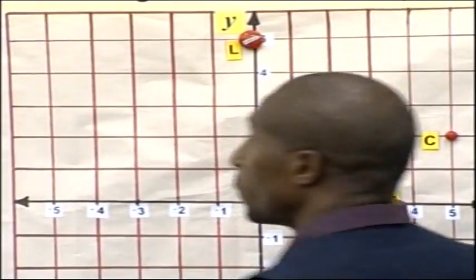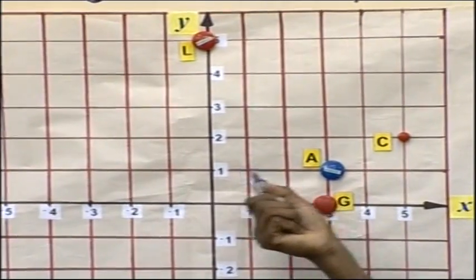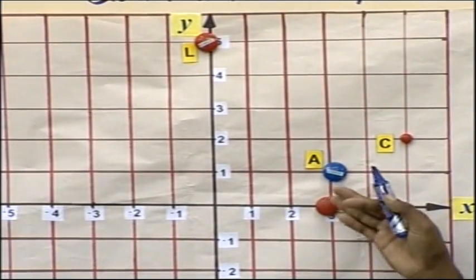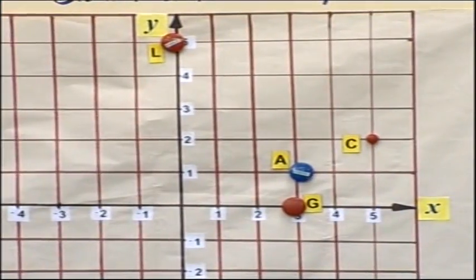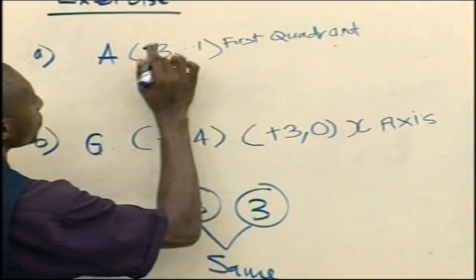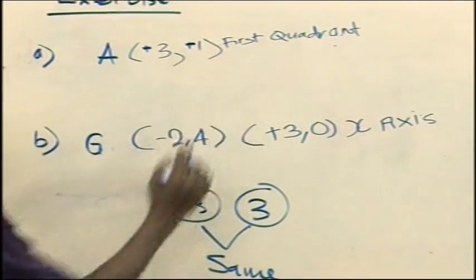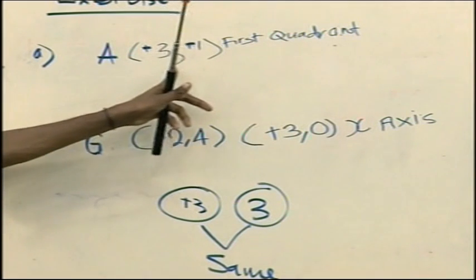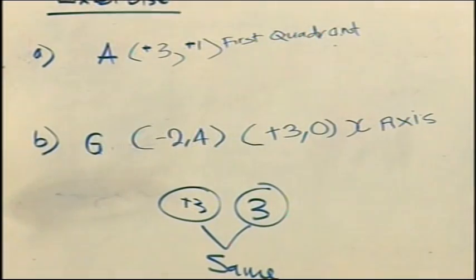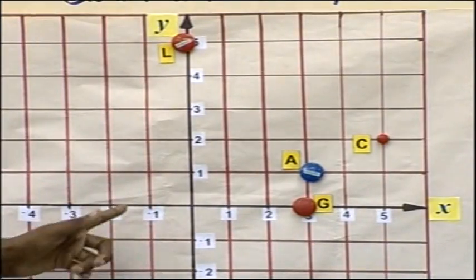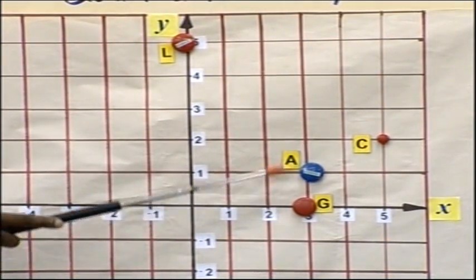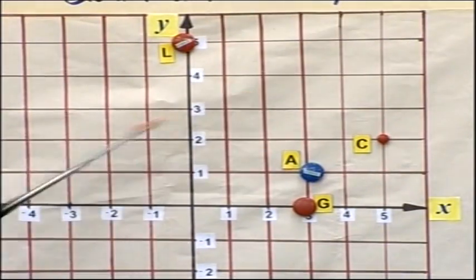Positive 3, comma, and what is the y-axis? Positive 1 or 1. So this plus sign is too big. Better to have it as small as this. So our coordinates are positive 3, comma, positive 1 in brackets. Now, which quadrant is it in? First quadrant. You can see point A is in first quadrant, this area of quadrant.